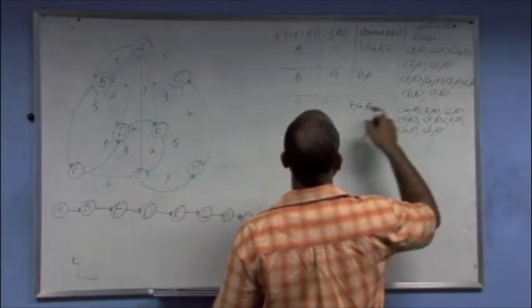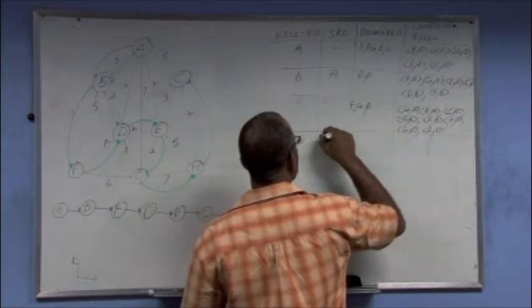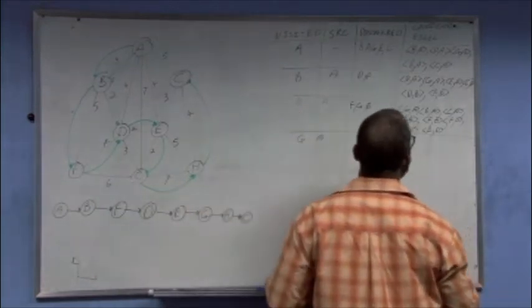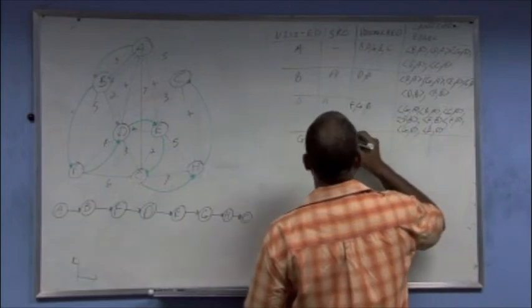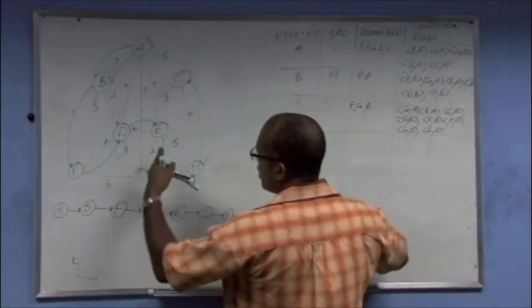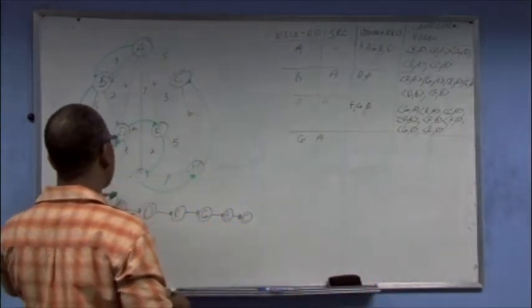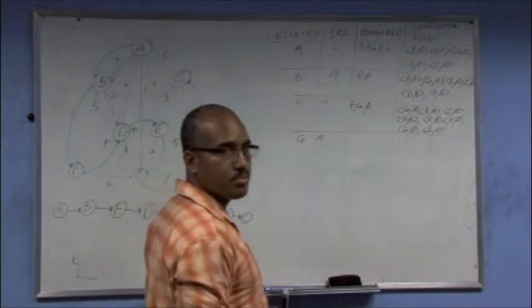Alright. So we're now going to visit G from A, and from G we can discover, alright, these are already visited. We can discover F, E, and H, right?